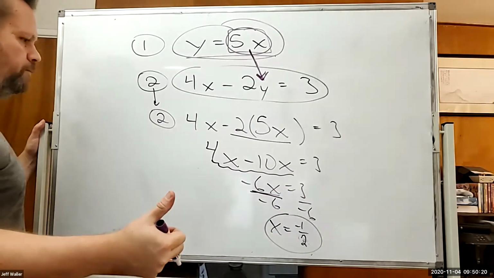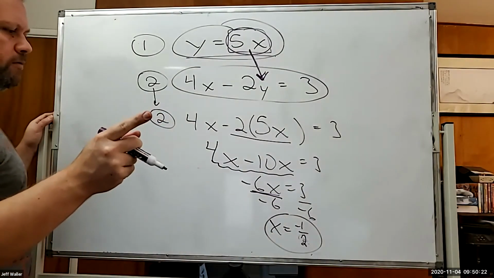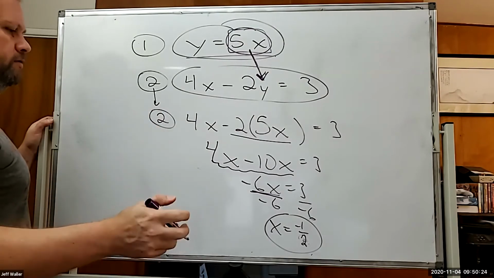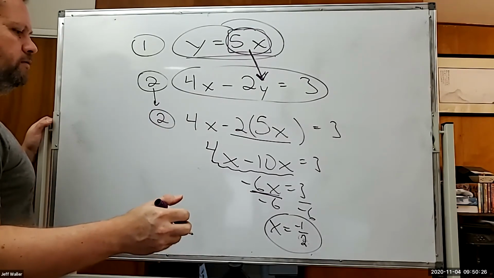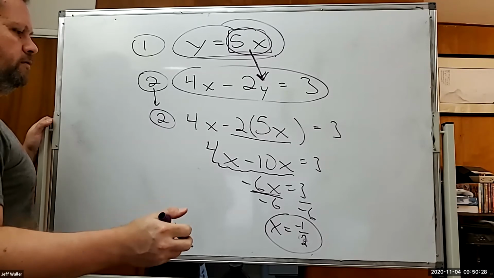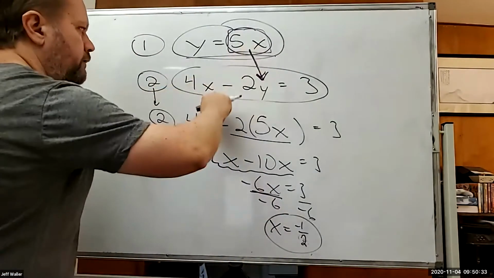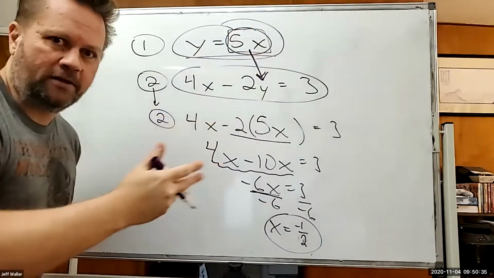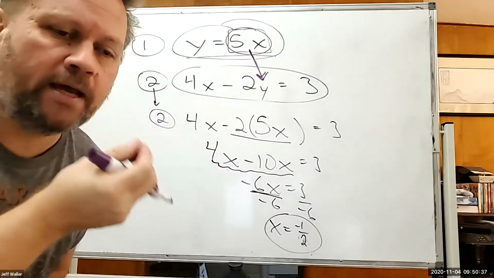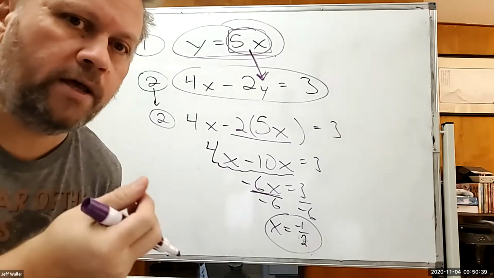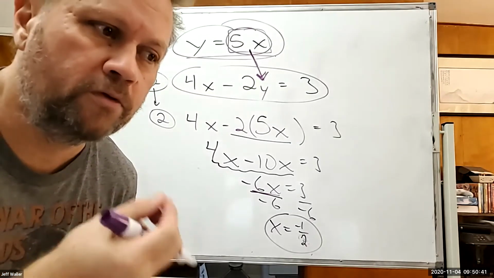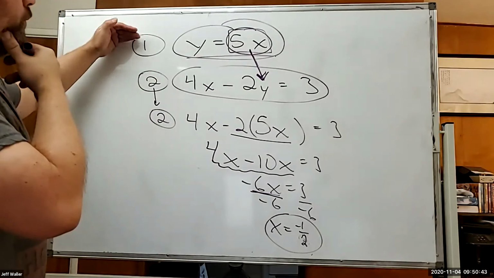Negative. How do I get what y is? To be really honest, you could plug this into either one of these, right? Because it's where the lines meet, so it should work in either line. But which equation would I rather use? First one.